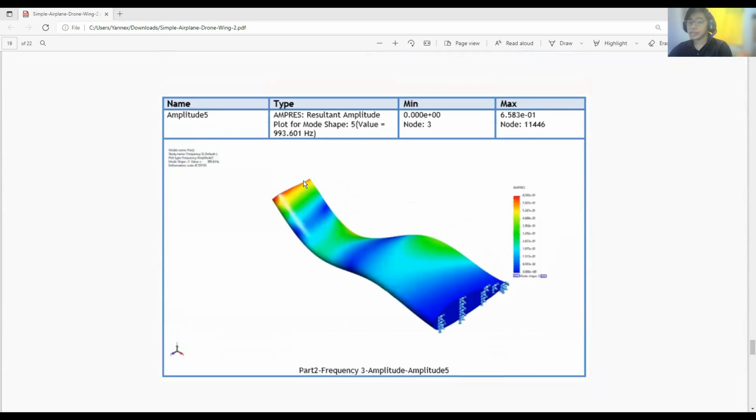Meanwhile, at our simulation 5, or amplitude 5, with a value of 993.601 hertz, with a minimum at node 3 and a maximum at node 11,446.